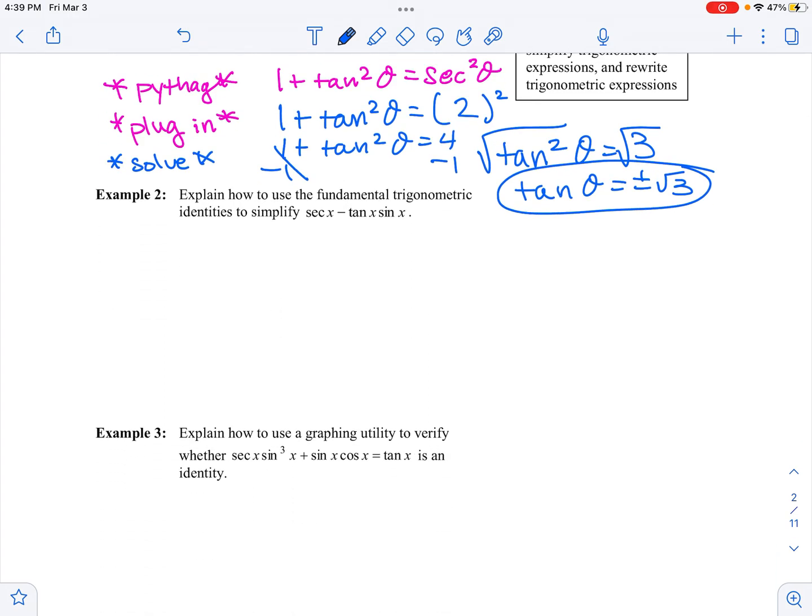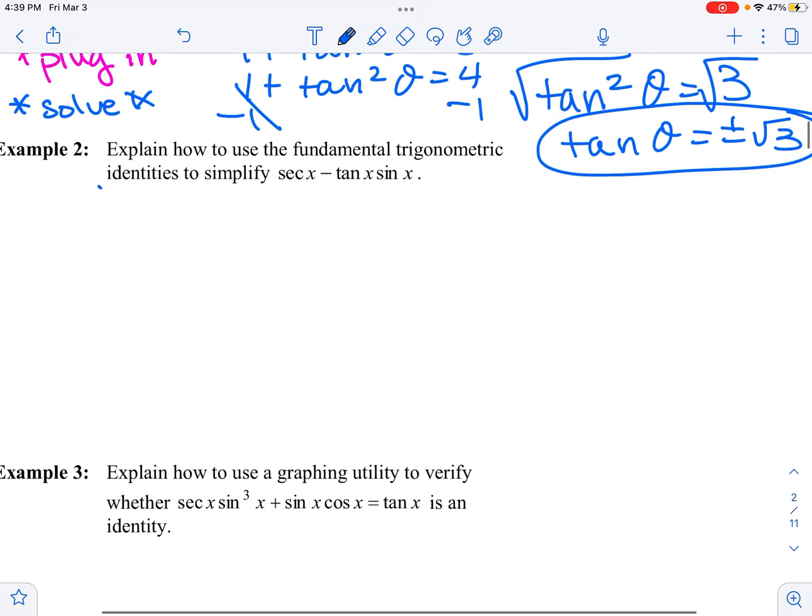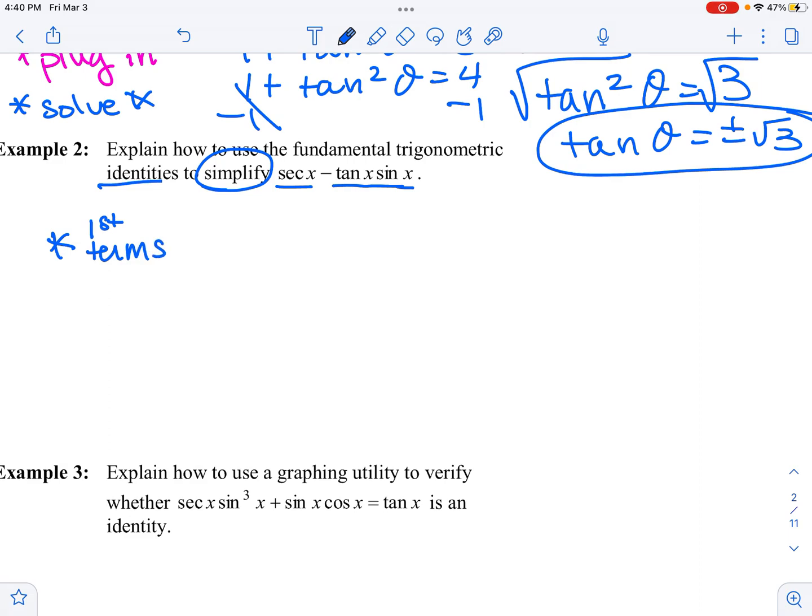How could we explain how to use the fundamental trig identities to simplify secant x minus tangent x sine x? Okay, so we're going to simplify. So to simplify first, we're going to write it in terms of sine and cosine only. Okay, so I'm going to rewrite secant.